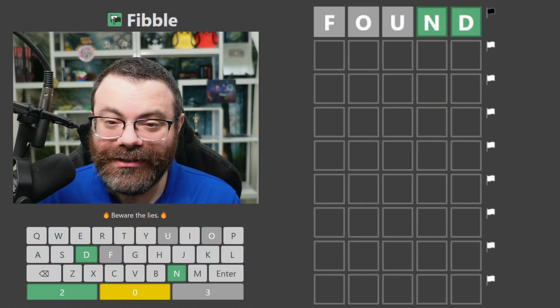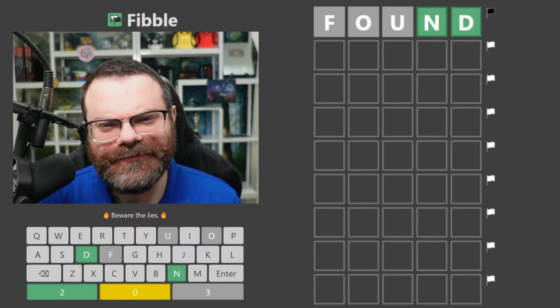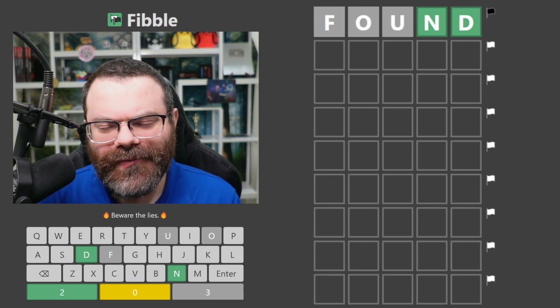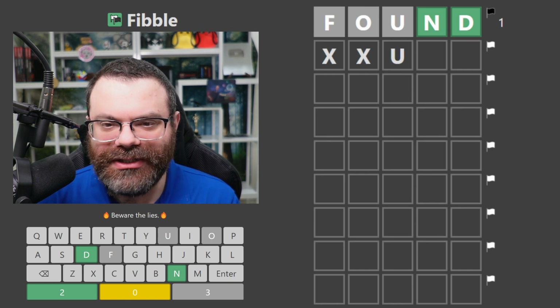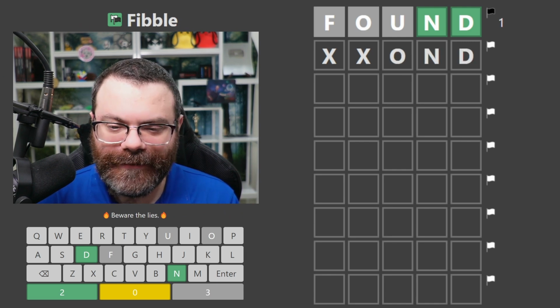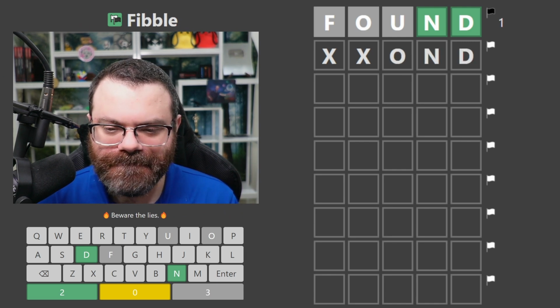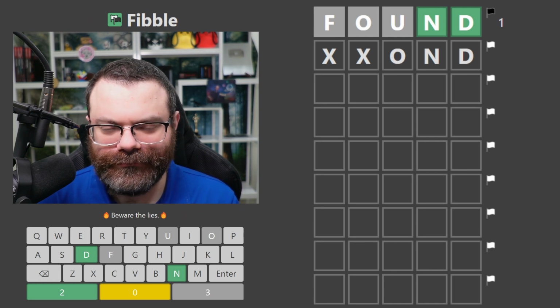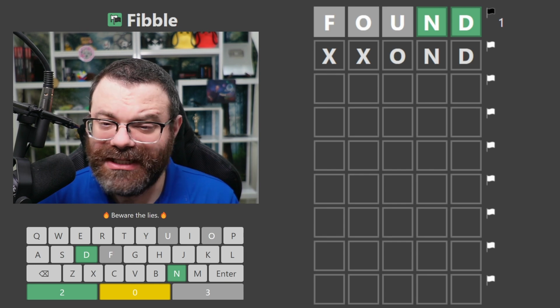Let's do Fibble. There's a lie in each guess. So I'm trying to think of a way to bring in this U to do UND. Or I could bring in an O and do OND. I'm not seeing a word for that.